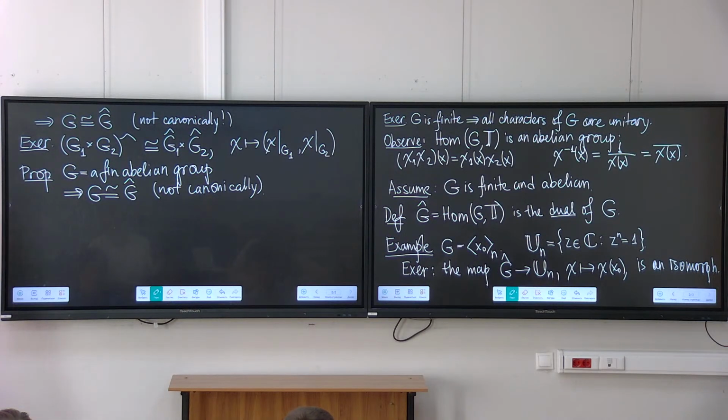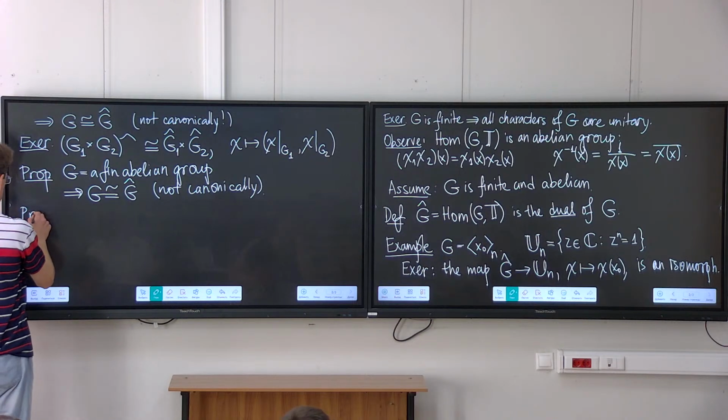This fact is parallel to the well-known fact from linear algebra, which states that a finite dimensional vector space is isomorphic to its dual, the space of linear functionals, but there is no canonical isomorphism. There are many isomorphisms, they depend on the choice of the basis, and none of them is the best one.